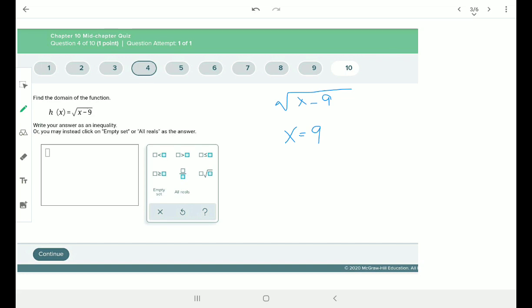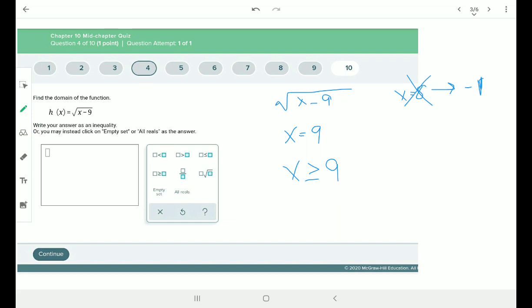Anything smaller than 9, for example, if I chose x equals 8, that would make it negative 1, but we can't take the square root of a negative. So 8 doesn't work, so it has to be 9 or bigger. That means x is greater than or equal to 9. And that's how I would answer question 4.